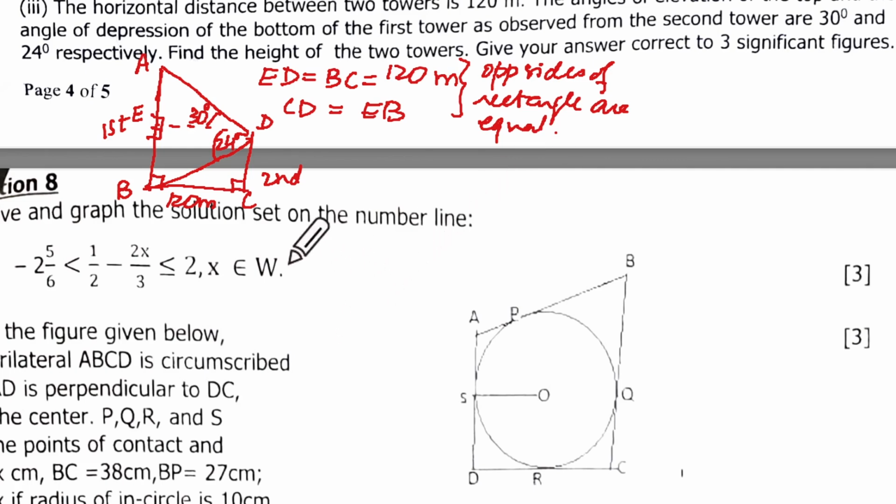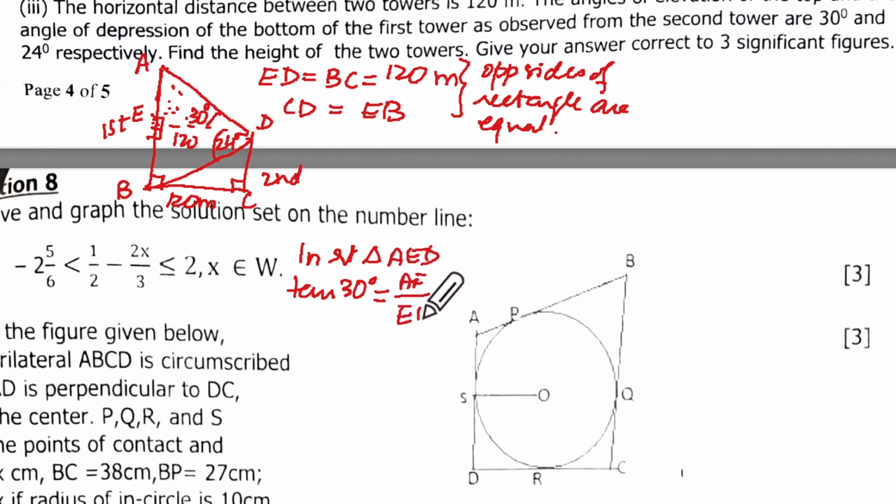Now this is 120, so we can find AE using this triangle. In right triangle AED, I can use tan 30 degrees, and that will be equal to AE upon ED.